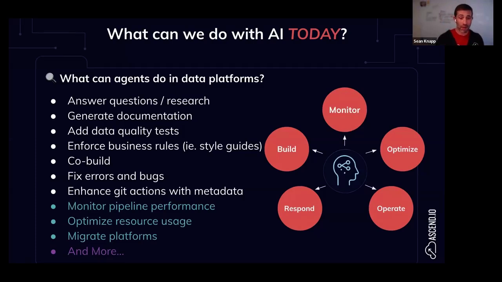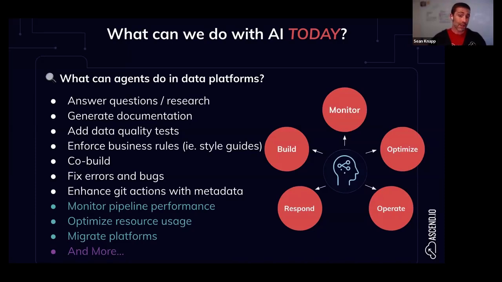That's things like monitoring pipelines for performance and breaks, optimizing our resource usage to keep our overall cost down low. It's also things like migrating platforms. The bane, I think, of every data team's existence is how much time and energy it takes to move from one platform to another. AI is increasingly good at these things, and even today, it's already capable of solving a lot of the pains that developers experience in this domain.